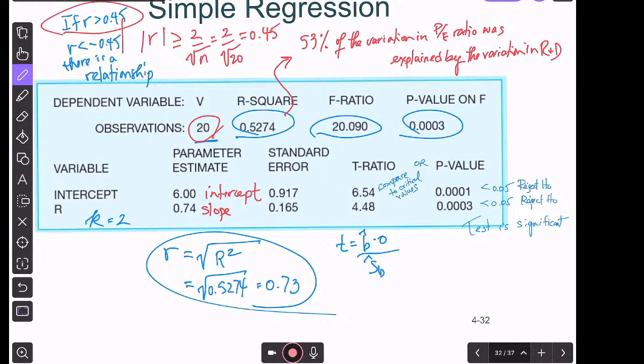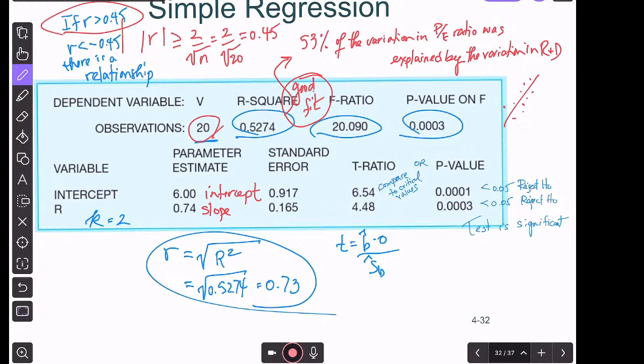So this means that it's a good fit. We got a trend that's meaningful, that's not zero, and we got a good fit. So that's saying the slope is significant and the fit isn't so bad.